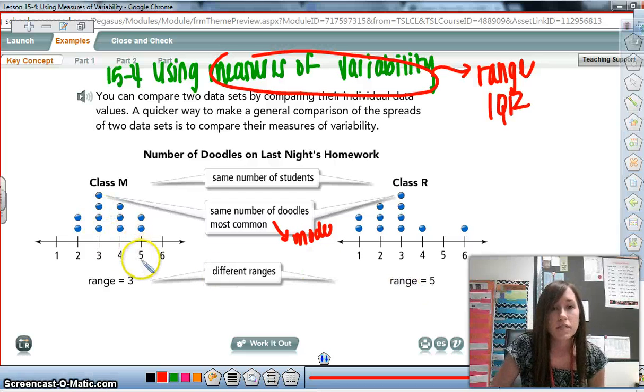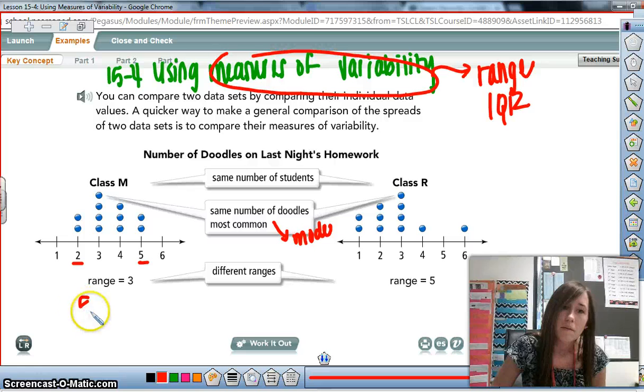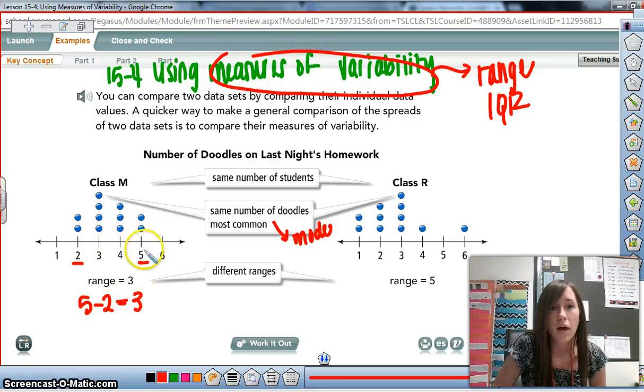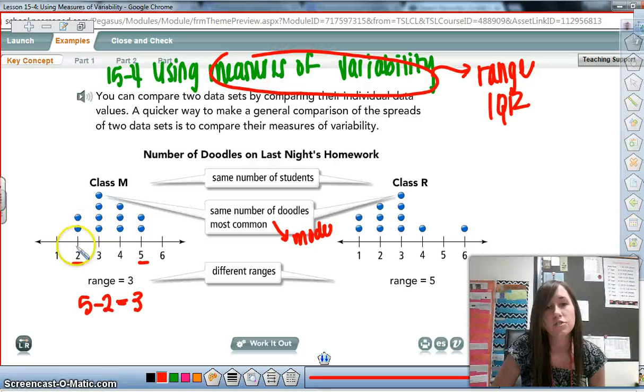So this one's highest number of doodles was 5 and the lowest number of doodles was 2. 5 minus 2 makes a range of 3. So the spread of how many doodles people made goes all the way from 5 down to 2, so there's a range of 3. It's spread out 3 wide.